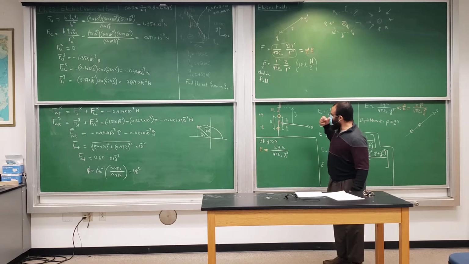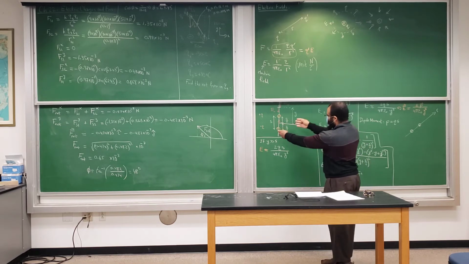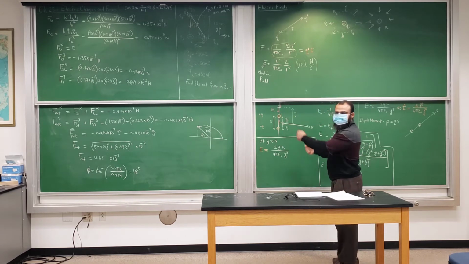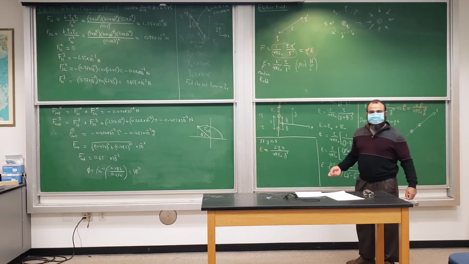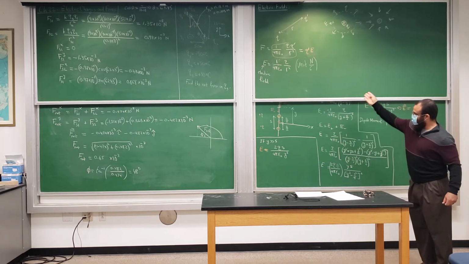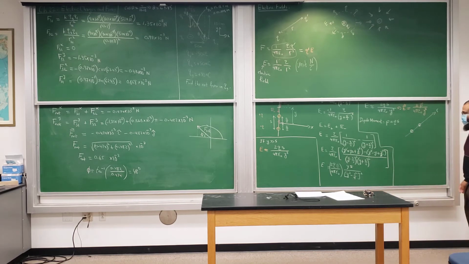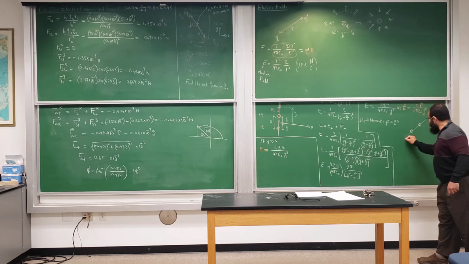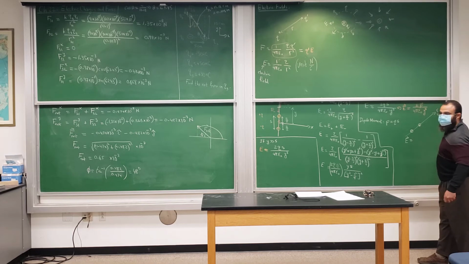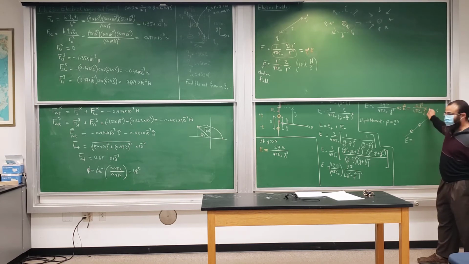Well, it will be exactly the same, I just have to look at it. If I take this board and move it this way, is anything going to change? No. So the electric field now would point along the line of the dipole, right? Along the line of the dipole. So what happens is this, you will just write E, and this is the R axis if you like, that's the R direction.